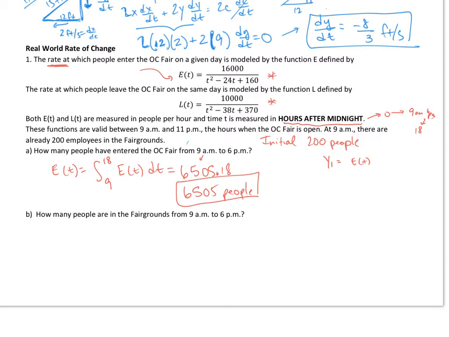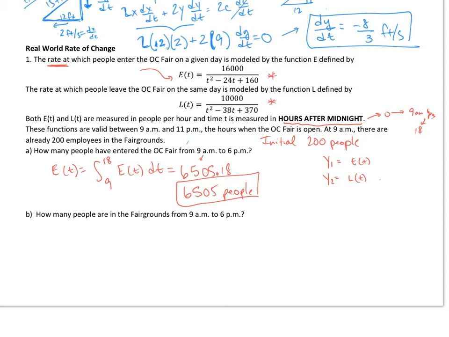One of the keys is make sure you've put parentheses on the bottom. y2 is going to be our L of t. Put this in as y2 in your calculator. And here, again, make sure the bottom is in parentheses, because if you don't, it'll do the order of operations and do that part first, and then you've got the wrong equation. So double check, triple check, make sure these are correct.